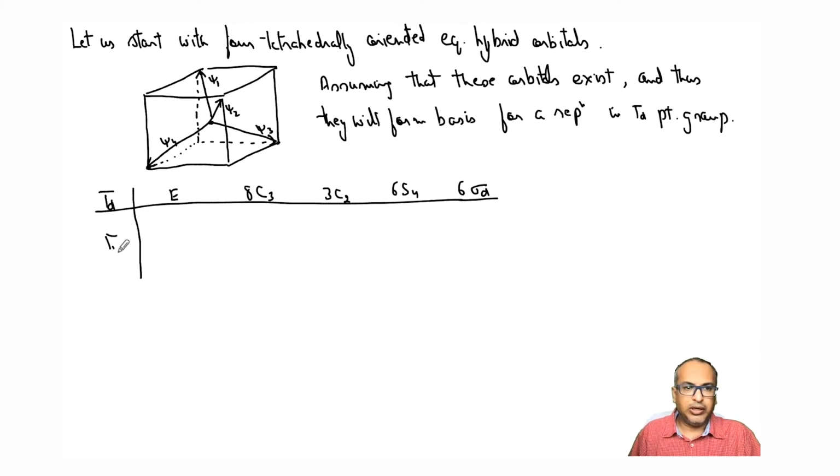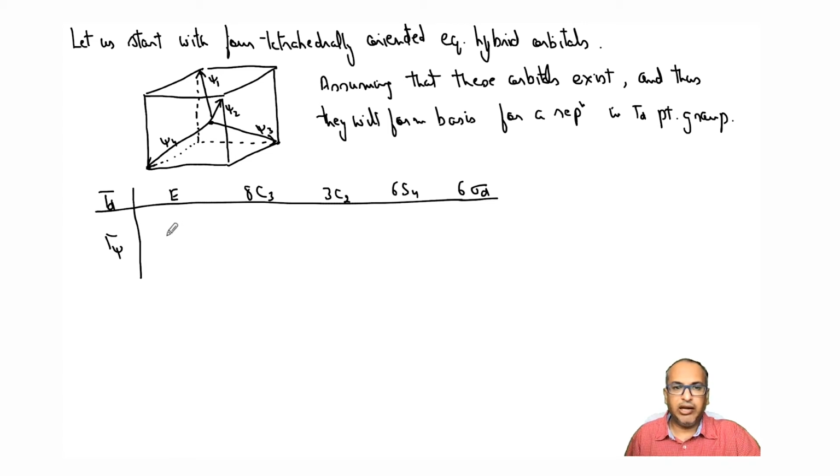Now tau for psi1, psi2, psi3, psi4. Now we will use the same rule where we'll say that upon carrying out a symmetry operation, if none of these change, then they will contribute to trace. If any of these change, then it will not contribute towards the trace.